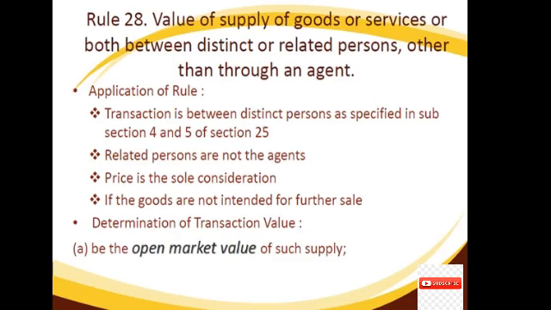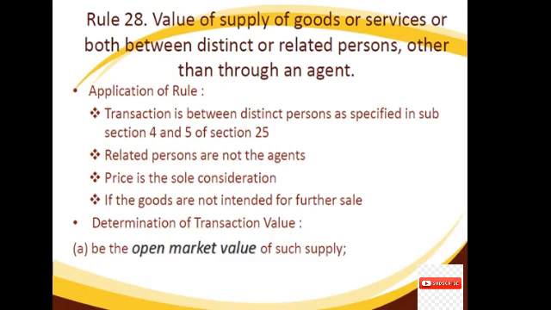So a person who is under influence of another person, that is a related person, or if you are related to each other since the organization is using the same PAN number, that is distinct persons, then in that scenario rule 28 becomes applicable on you.